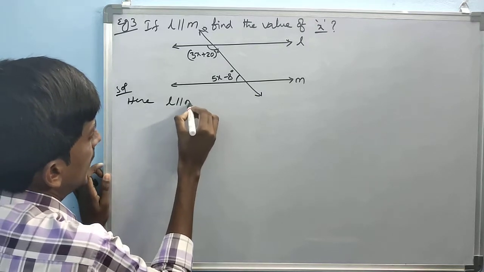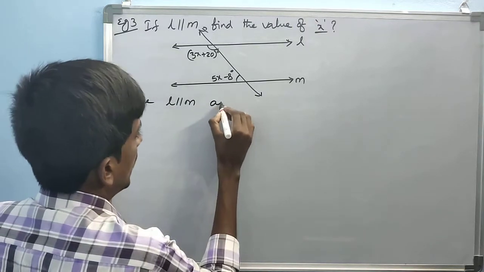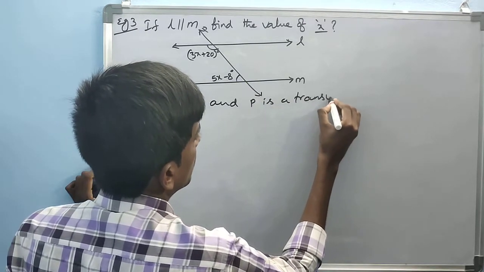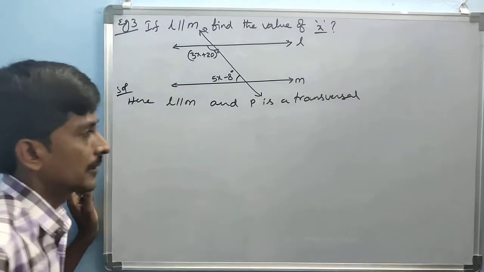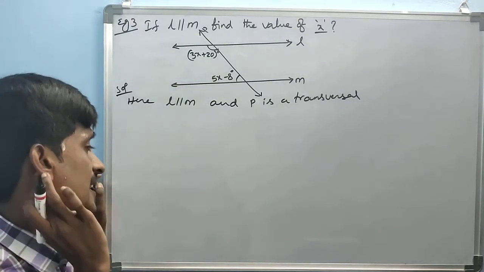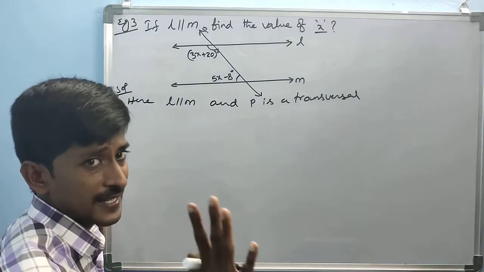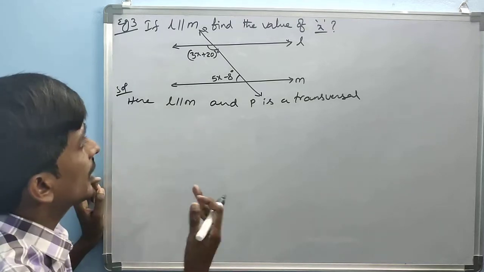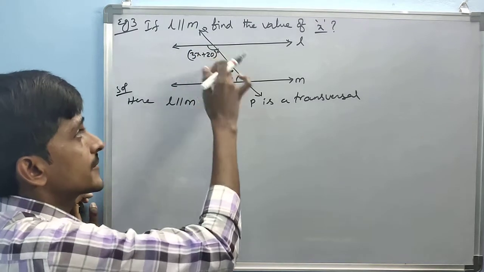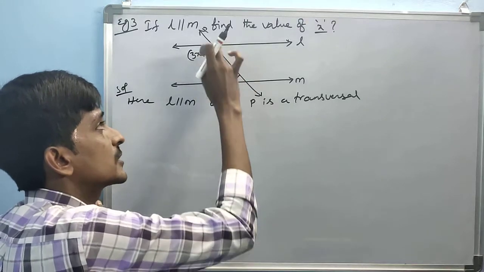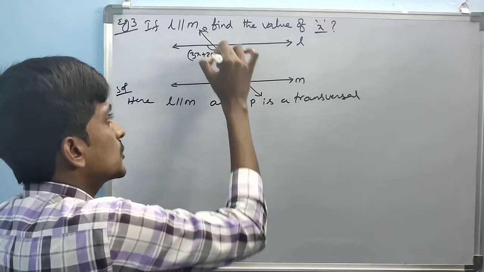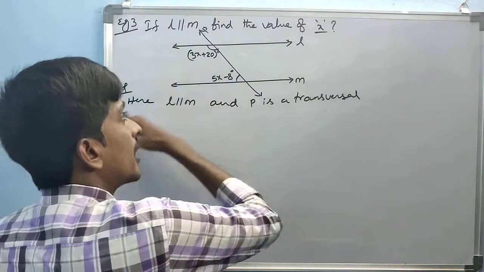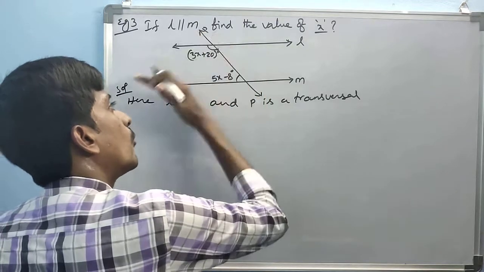Here, L is parallel to M and P is a transversal. If two lines are parallel and one transversal is given, four conditions I think were already explained in the 7th class. What is the relation between these two lines? First of all, these two angles are on one side of the transversal.